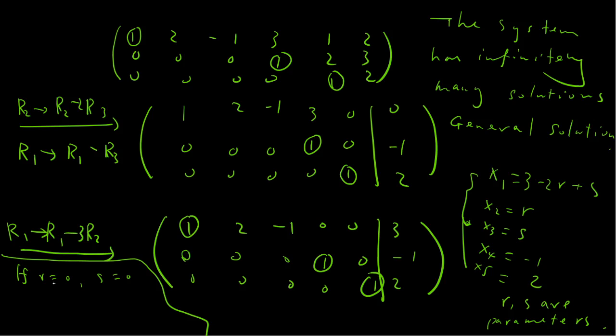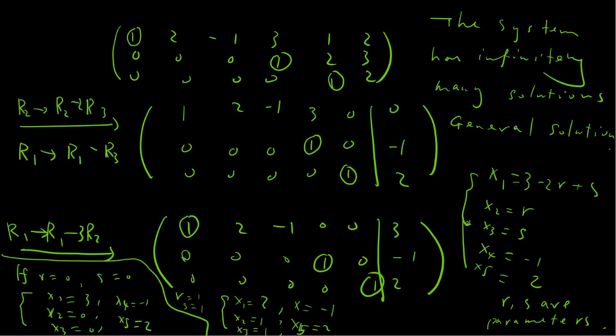I did not check. I think I trust you on this. I think x4 is equal to 91, x5 is equal to 2. That's the particular solution determined by parameter r value of 1 and s value of 1.